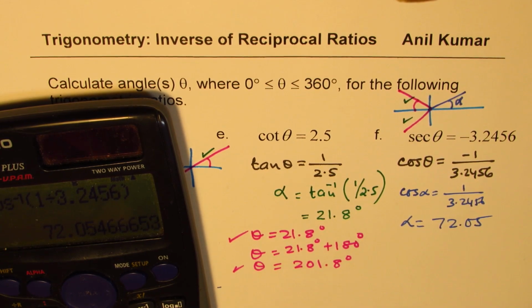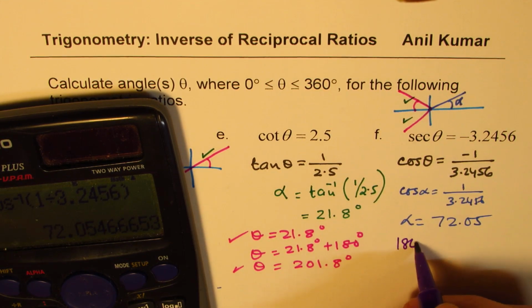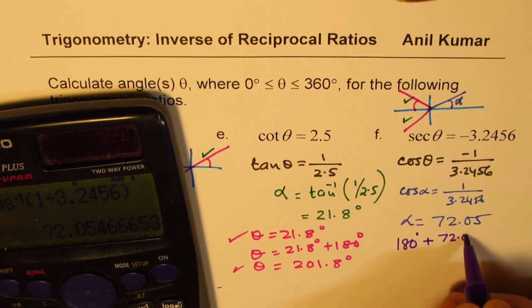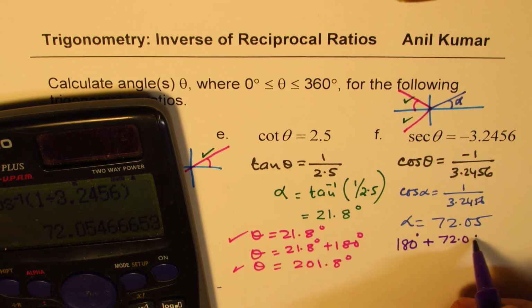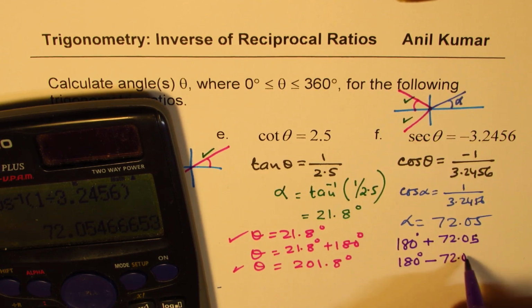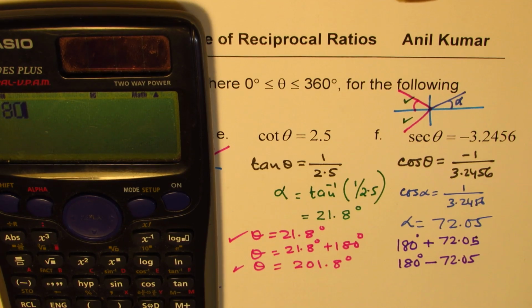So angle theta is how much? Angle theta will be 180 minus and 180 plus. So the two angles will be 180 degrees plus 72.05, or 180 degrees minus 72.05. Correct? So let's take 72.05 away from 180.